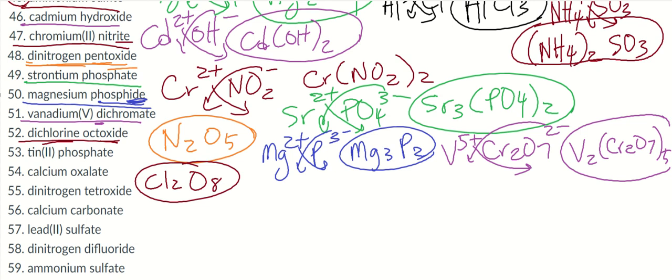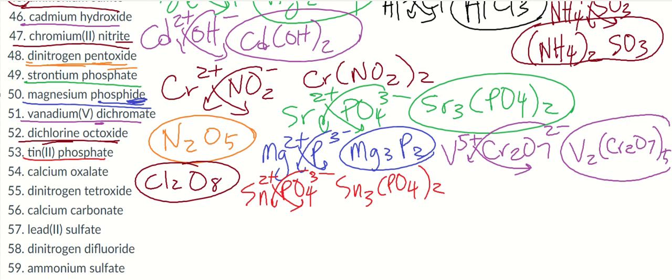All right, let's go with red. Tin. The charge is given there in Roman numerals. Phosphate is PO4 3 negative, crisscross. Write that crossed subscript outside the parentheses if you have more than one.